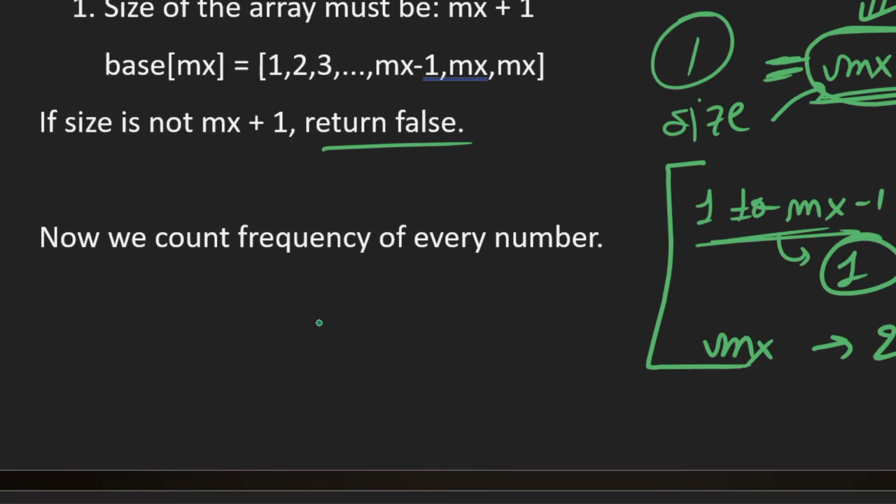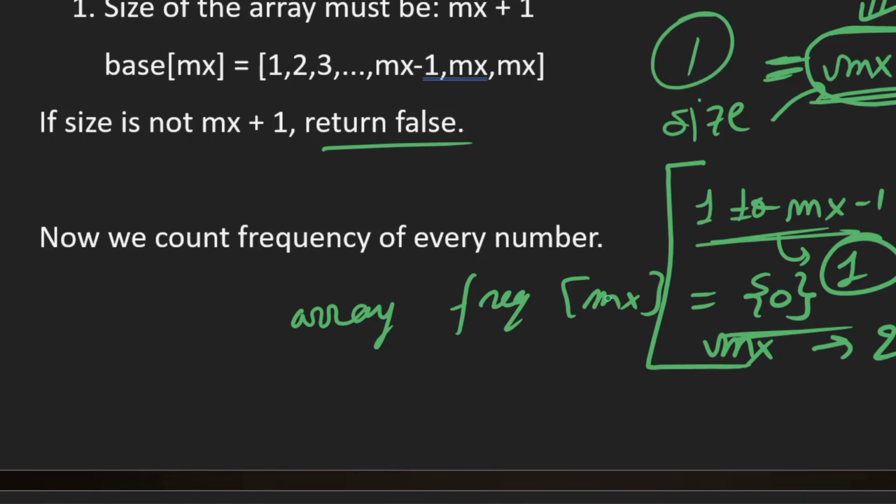So what we can do is we can take an array, let's say array of frequency of size mx. Initially all the elements are 0, and then we iterate over the array and store the frequency of all the elements in this frequency array.